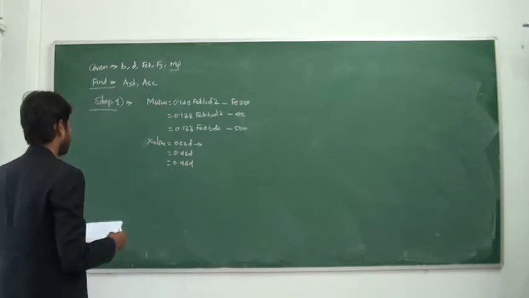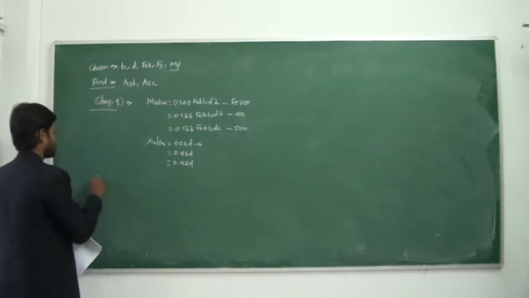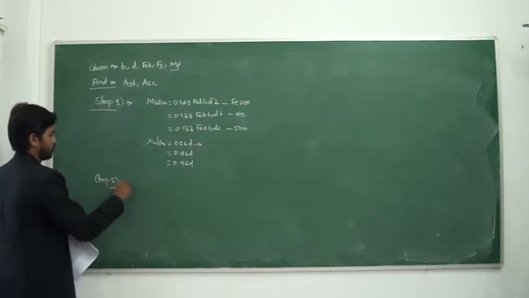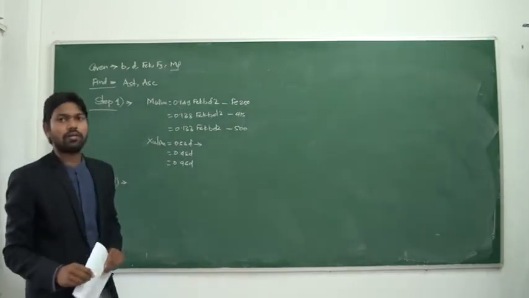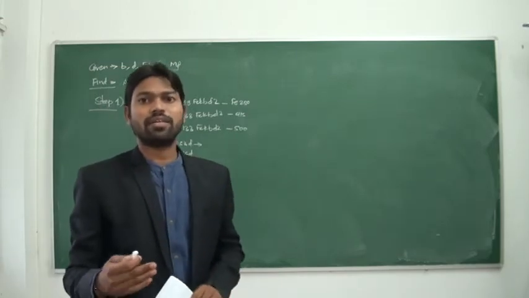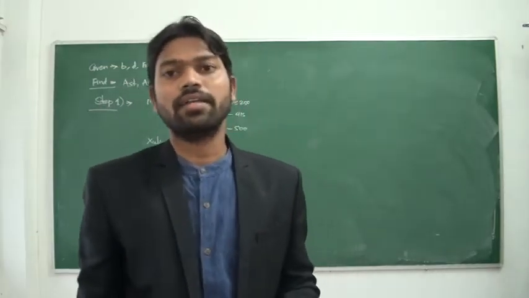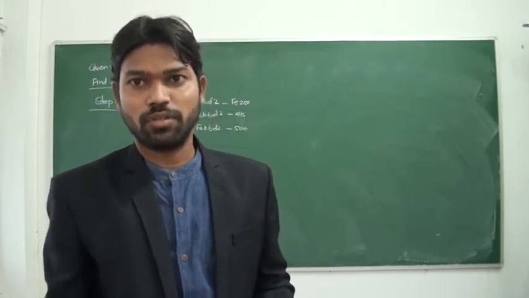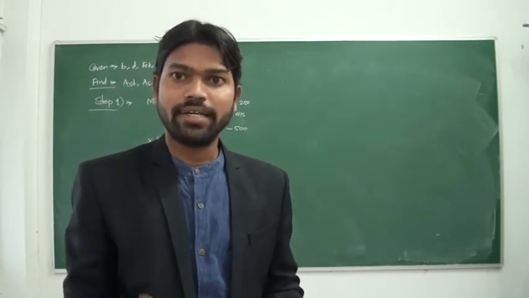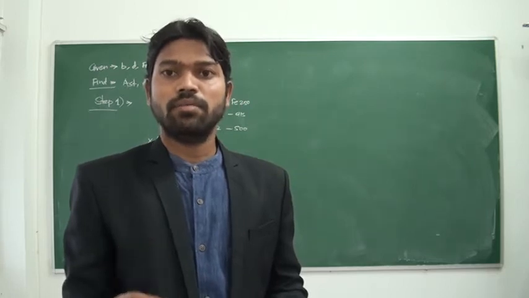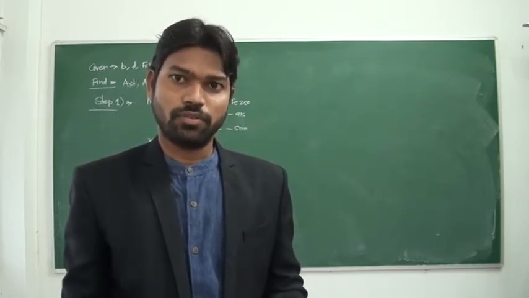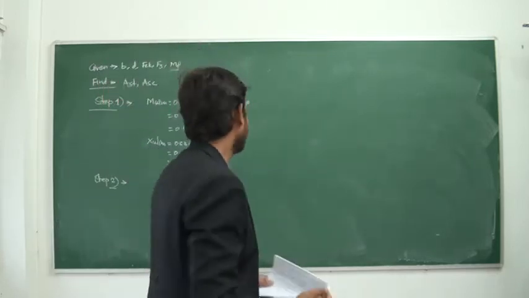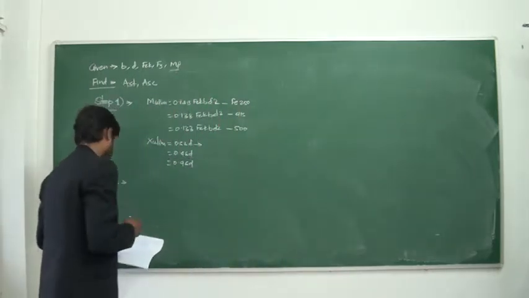In the next step, you have to check which type of beam it is, whether it is singly reinforced or doubly reinforced. Sometimes in the exam they will not mention specifically whether the beam is to be designed as singly reinforced or doubly reinforced. In that case, you have to identify first whether the beam is singly or doubly reinforced. That is your step number 2.